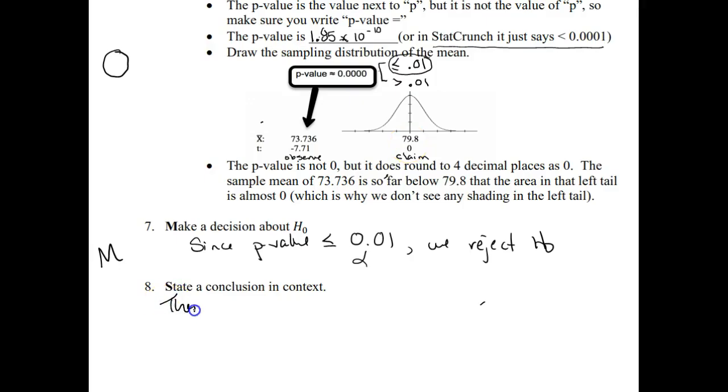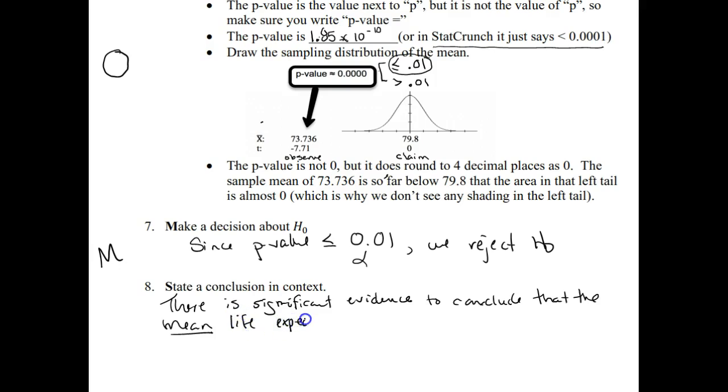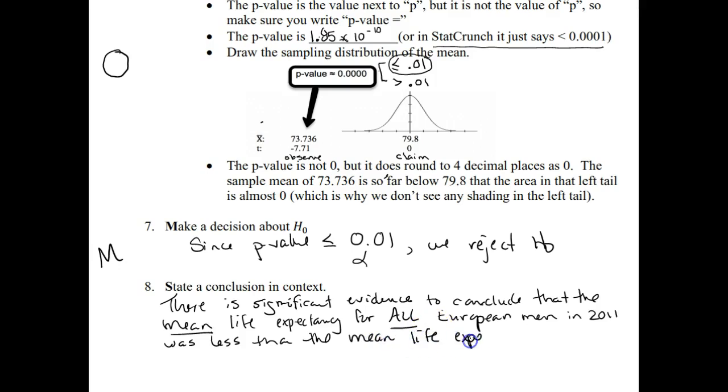So in step 8, we're going to say there is significant evidence to conclude that the mean life expectancy for all, so again, the power of inferential statistics is that our conclusions are about the entire population, so that word all is really important in there, of all European men in 2011 was less than the mean life expectancy for European women.